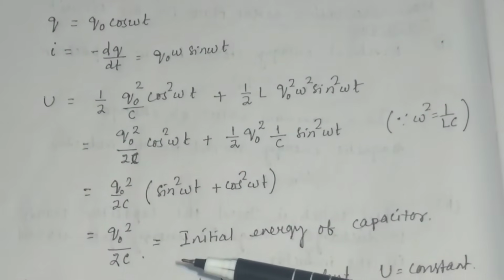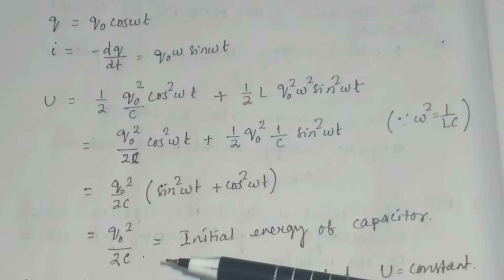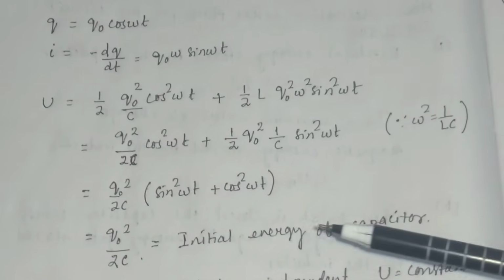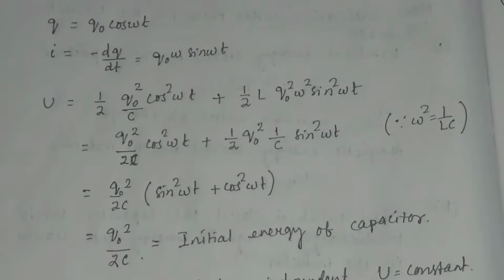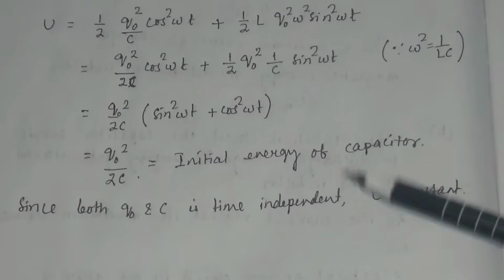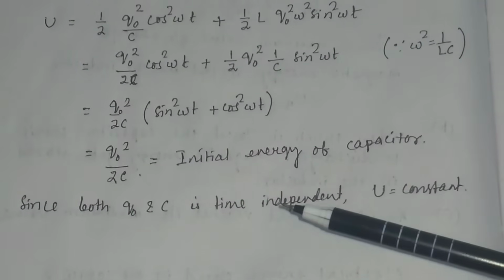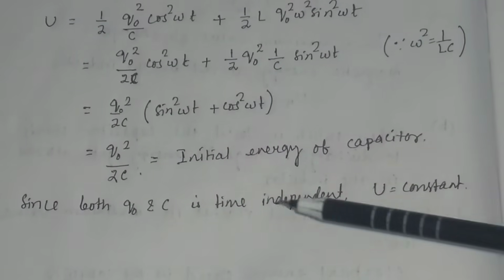So the total energy will be equal to q0 square divided by 2c, which is the initial energy of the capacitor. Since both q0 and c are time independent, the total energy will be constant.